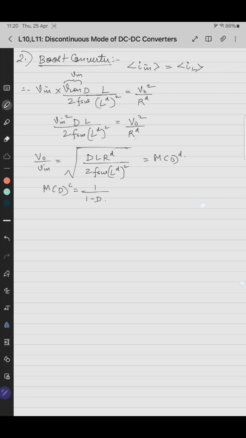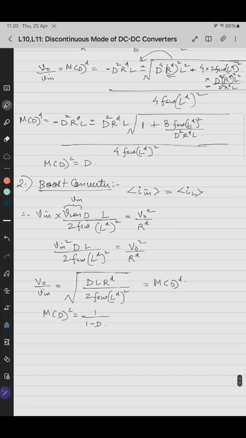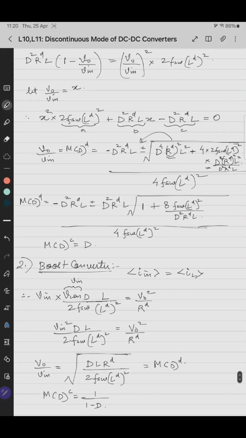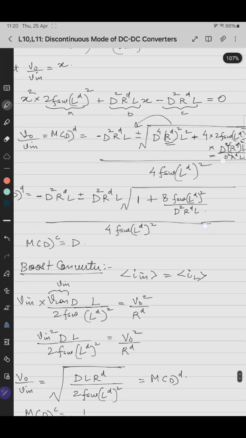In this case, as I said, for any converter there are two reasons of discontinuity: insufficient load or insufficient inductance. Now for a boost converter, we already know that it cannot operate at no load. If the converter operated at no load, then RD becomes infinite, so you could take common all RD terms in this expression.